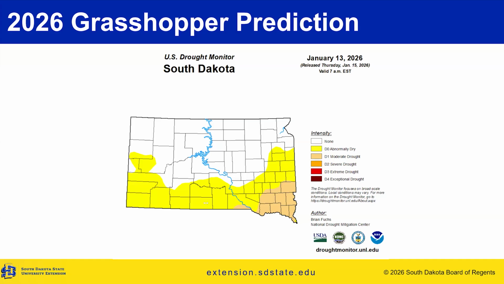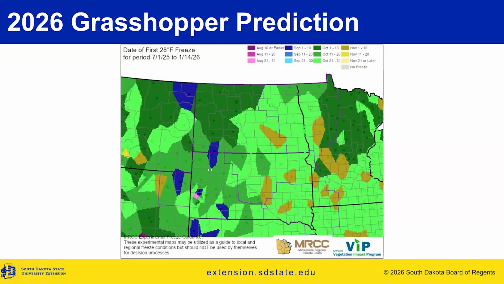We had a lot of grasshopper reports in 2025, kind of in central South Dakota, west of the river. And that's pretty common. That tends to be an increased grasshopper risk area. However, some of the pictures we saw from 2025 suggest that they were, in some places, very large populations. And it's just something that needs to be continually monitored as the season progresses.